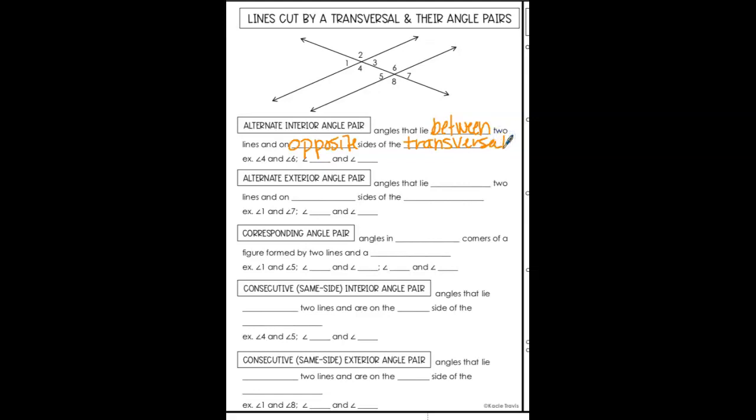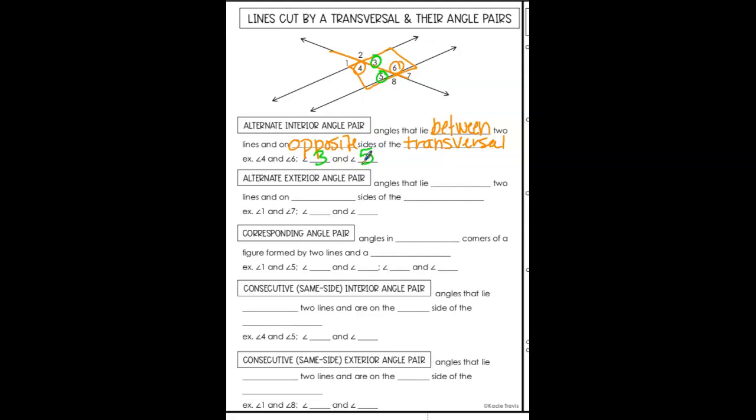So when we talk about angles on the inside, I'm talking about angles right here. Again, this is my transversal line. So they have to be on opposite sides of the transversal, like angle 4 and angle 6. And then also, we have angle 3 and angle 5. Okay, they are on opposite sides and on the inside.